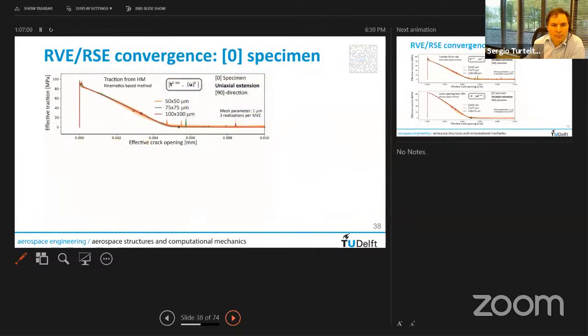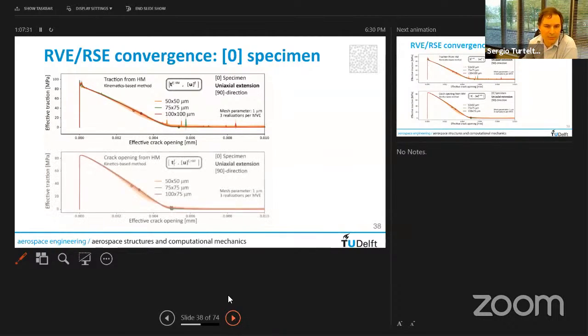The first one is this so-called kinematic space method. And as you can see, going from 50 to 75 to 100 microns, they all more or less fall within the same line. We did three realizations for each one of those, because these were randomly oriented. Then we did the same thing for the other method.